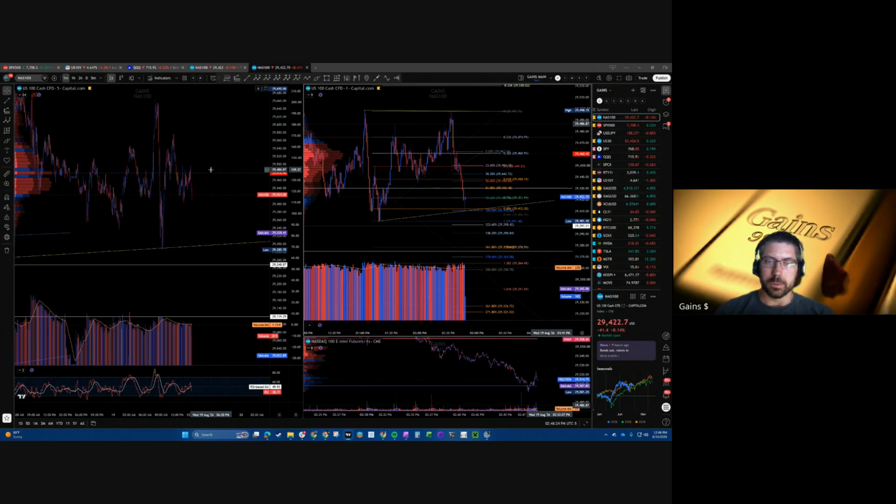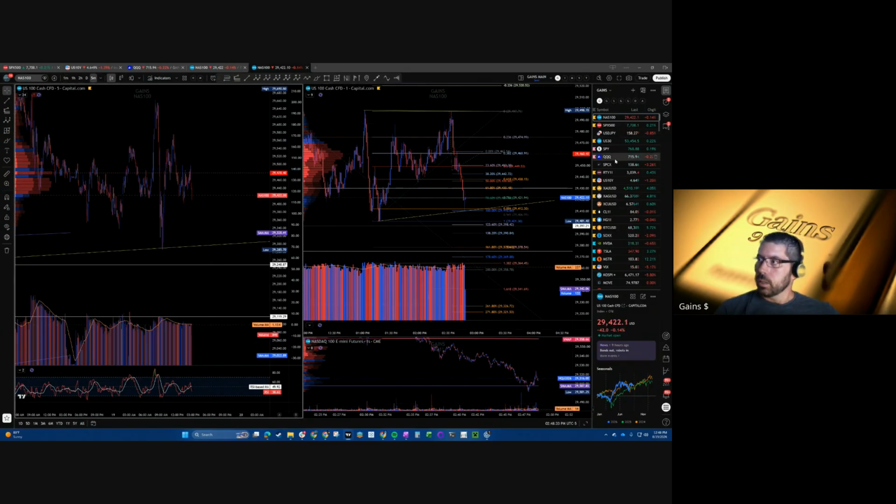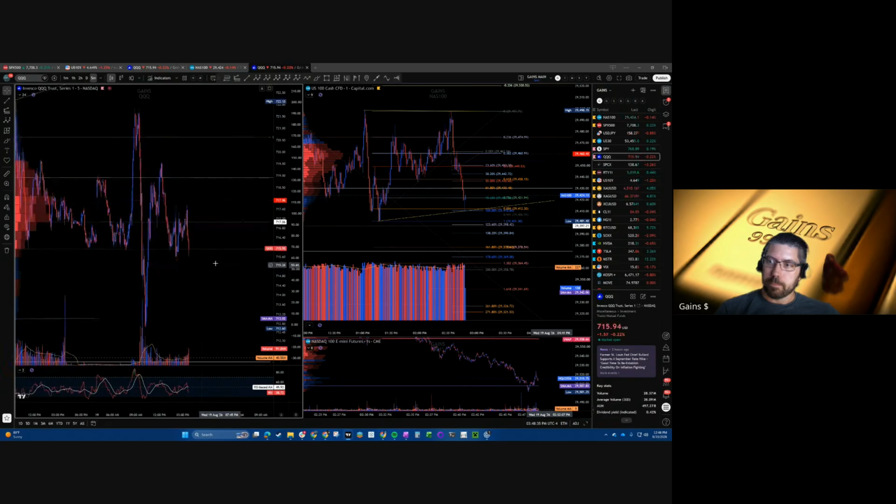So for those of you who don't know what options debit spreads are, let's do a call, for example. If you look at QQQ, let's say you bought a 715 call for 2 weeks from now, and then you sold a 717 call. I actually had this trade earlier today.